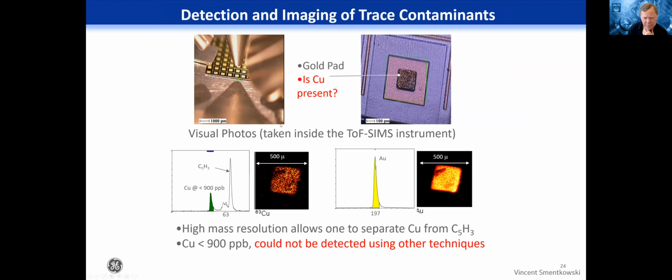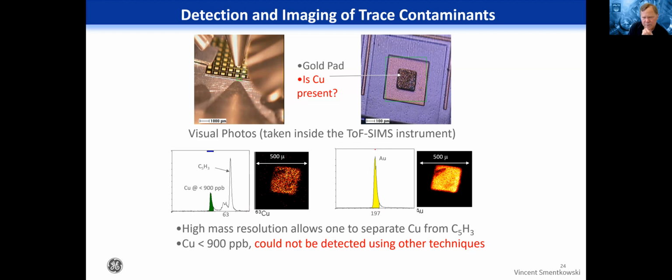When the sample came to me, within a few minutes, not only was I able to show that yes, copper is present, but I was able to show that it's distributed pretty much uniformly throughout the gold pad. Although we don't have sensitivity factors for copper on gold, based upon the other techniques that were used and weren't successful, we know that the amount of copper in this example was less than about 900 parts per billion.